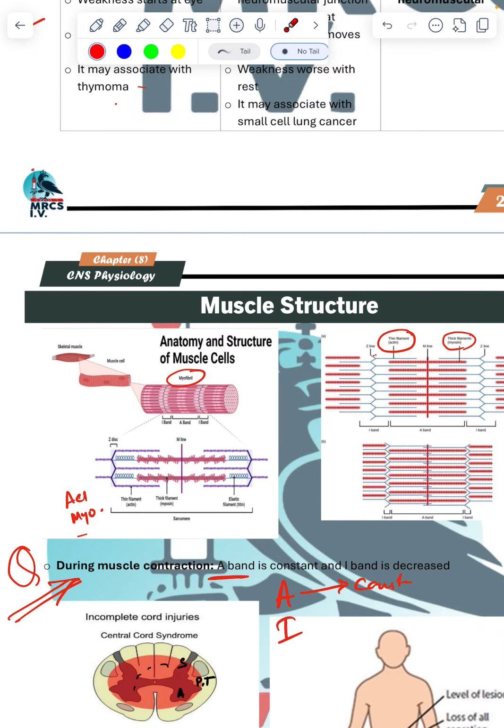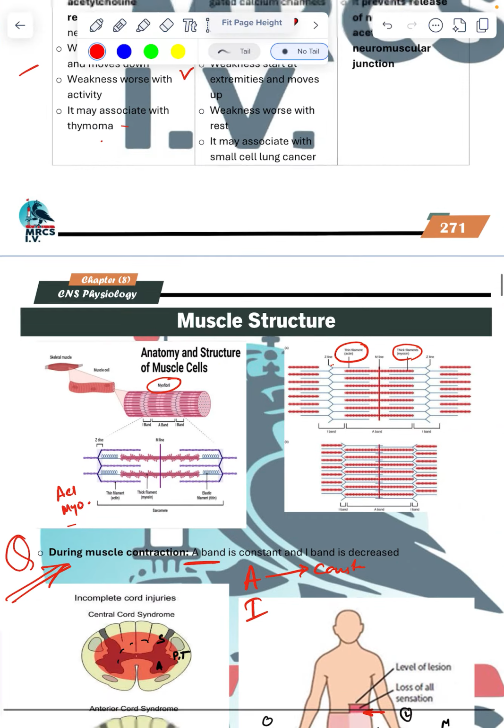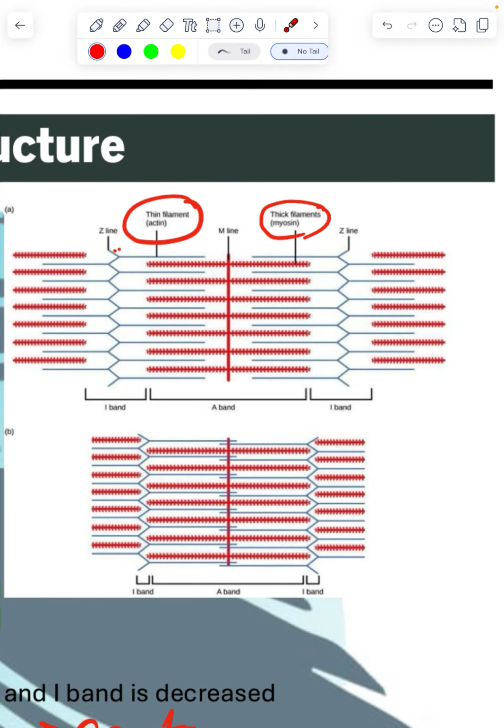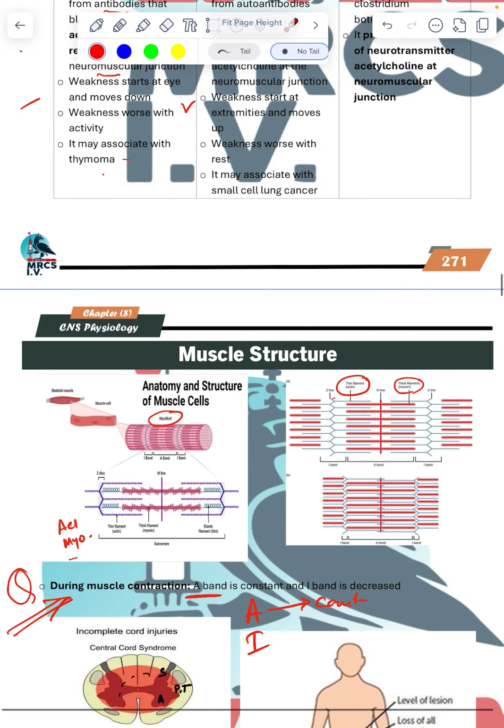So you see the I band is coming close and the A band is constant. Here you can see this is the M line, and this is the A band. This A band is constant, while this is moving like this, so the I band is moving.